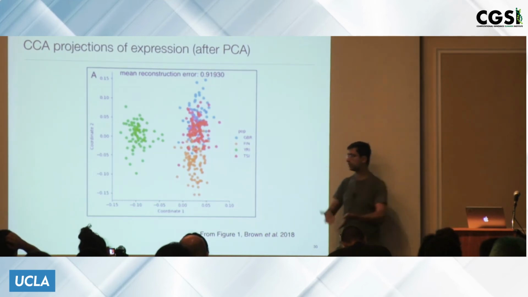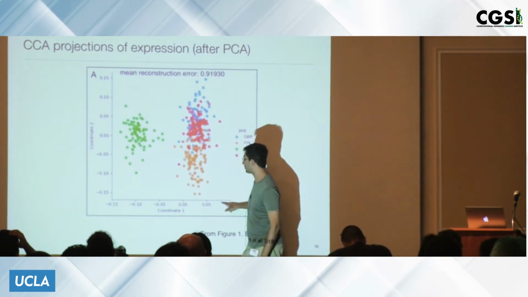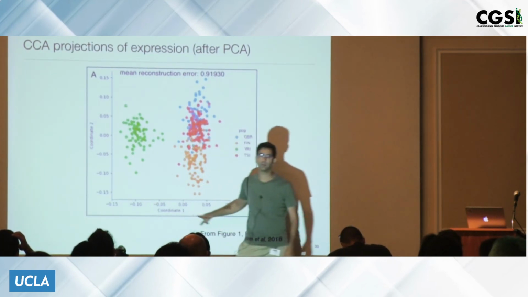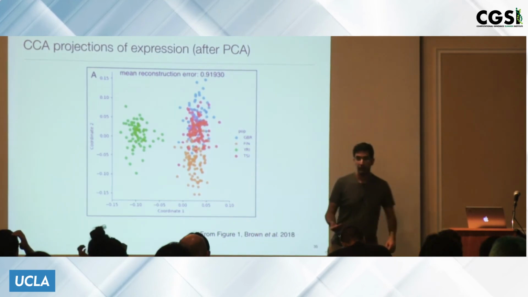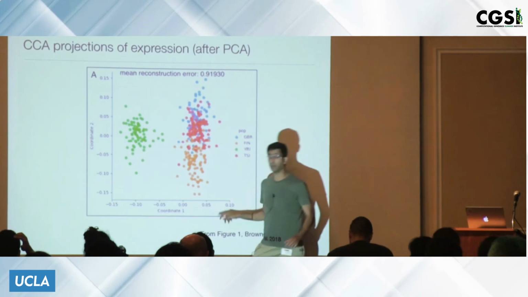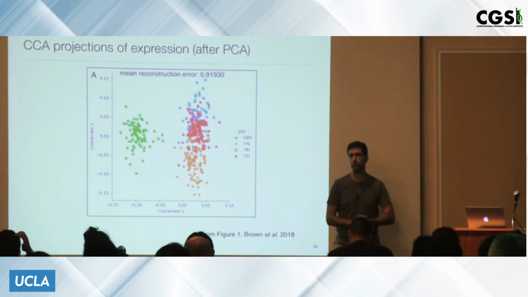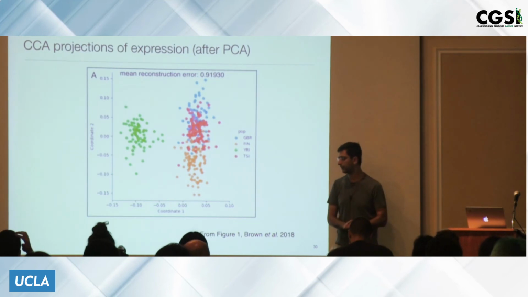Now we're going to choose a pair of projections first that will maximize the correlation along this axis. Now this axis here is called the first canonical coordinate, if you like. They go by different names.